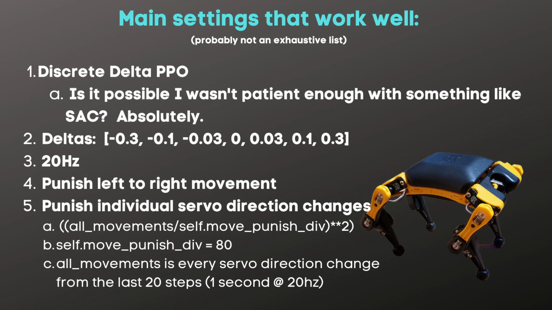So the move punish div is 80, and then all movements is actually every servo direction change from the last 20 steps. Again, this was just yet another hyperparameter that I tested, but 20 steps is 1 second at 20 hertz. So every single direction change of a servo is a punishment for the last second, essentially. And again, I tried all kinds of different ideas, but this seems to be the one that worked out best.